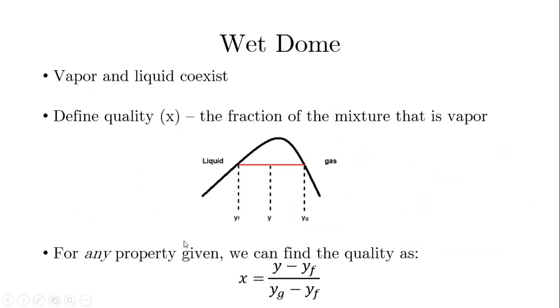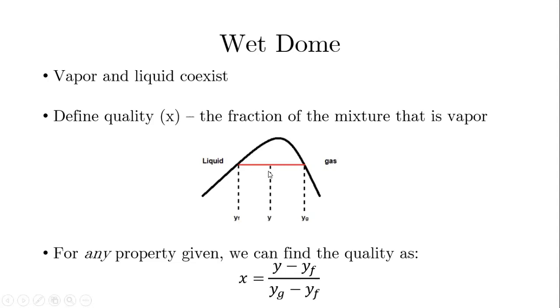Okay. And so within that wet dome, as I mentioned, I start out with 100% liquid here, and I go to 100% gas. And as I'm changing the volume of this thing, the amount of gas will increase at the expense of the amount of fluid. Okay.